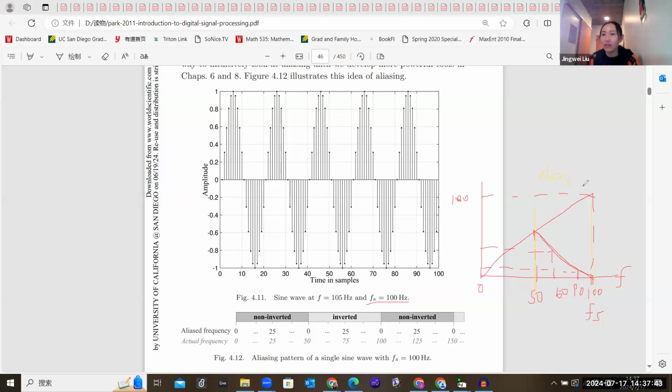This is not the real reflection of the frequency. Because when we expect to hear a 60 hertz tune, we don't hear 60 hertz, we hear 40 hertz. When we expect to hear a 90 hertz tune, it only generates a 10 hertz tune. So this is aliasing.